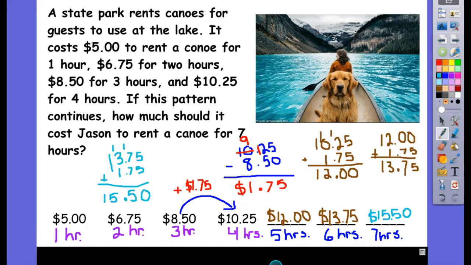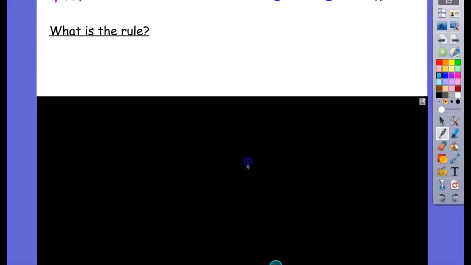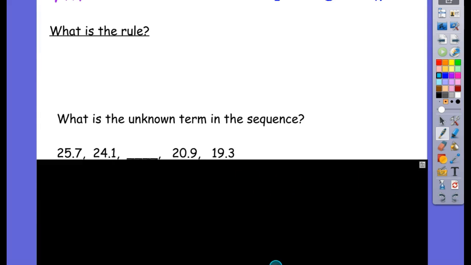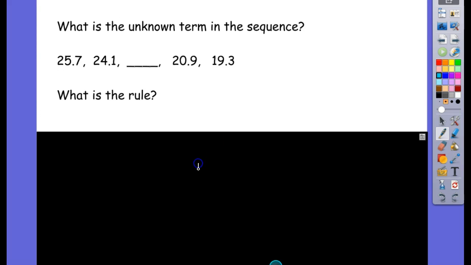All right, we're going to look at one other problem really quickly, because I want you to be thinking about the fact that it's not always going to be an increasing number. If we're looking here at this sequence for the unknown term, the interesting thing is I have 25 and 7/10, 24 and 1/10, and so on. The numbers are actually going down each time.